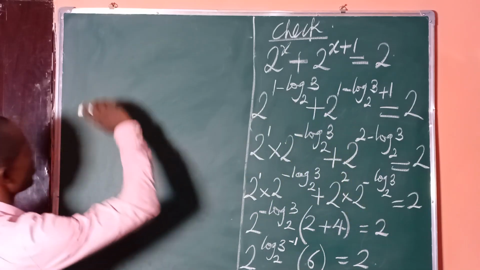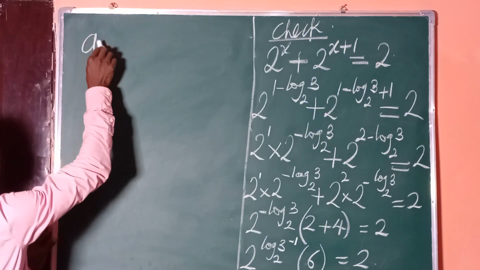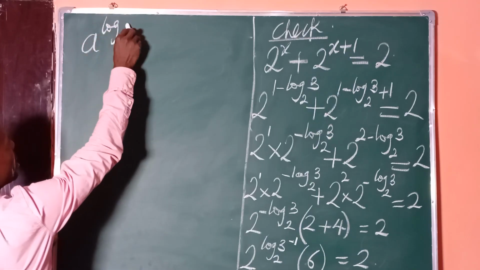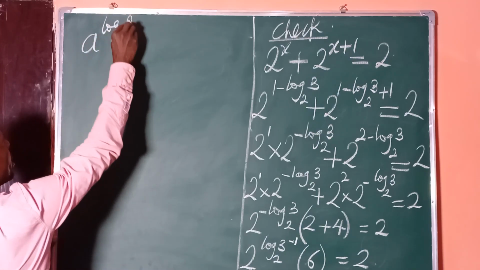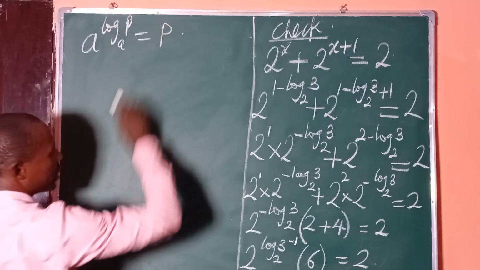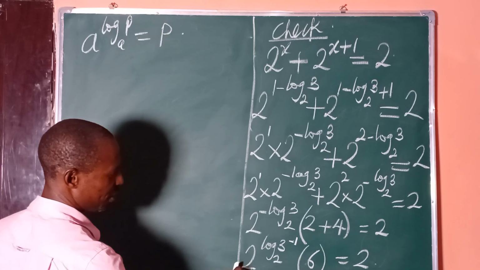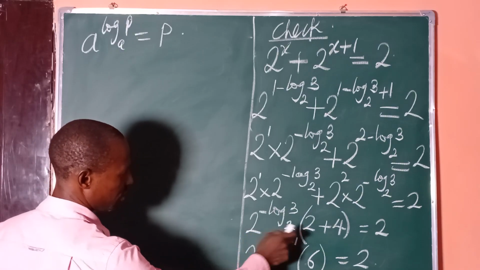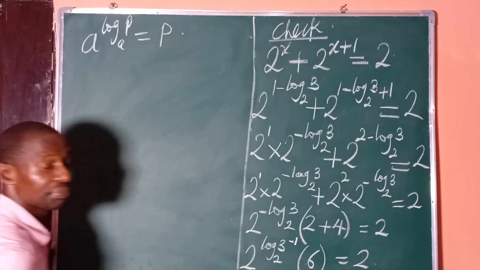We're going to apply a law which says that if you have a to the log p base a, this is equal to p. If we apply that law here, we have 2 to the log 3 to minus 1, base 2.